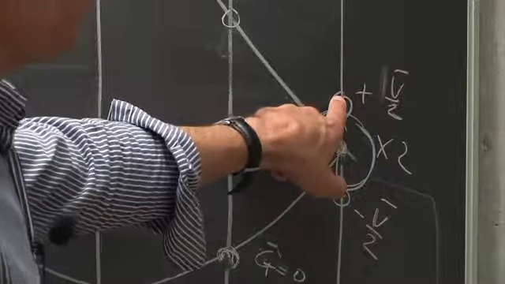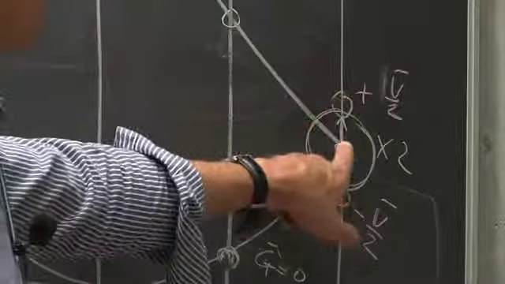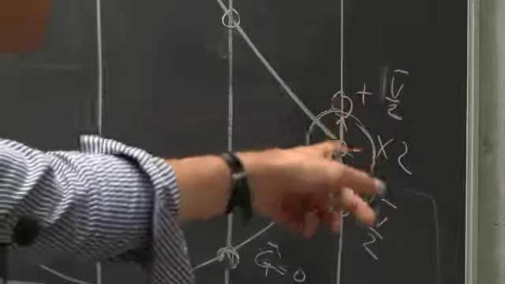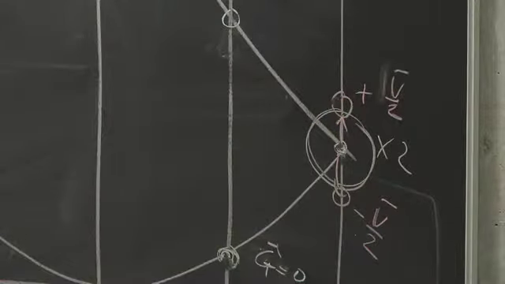One state goes up, plus v bar over 2. The other state goes down, minus v bar over 2. So I split the degeneracy due to the perturbation. And whatever is the perturbation, even the smallest possible value splits the degeneracy because we are within a degenerate manifold.